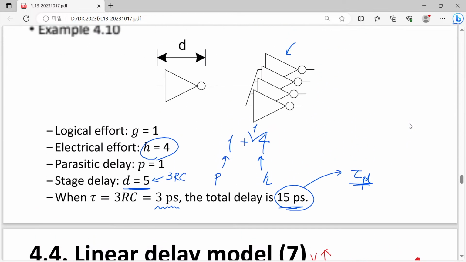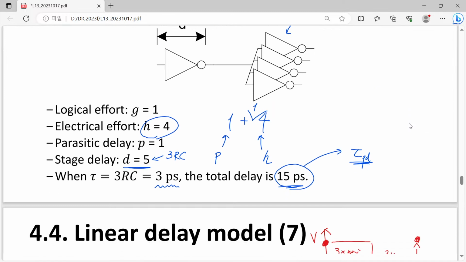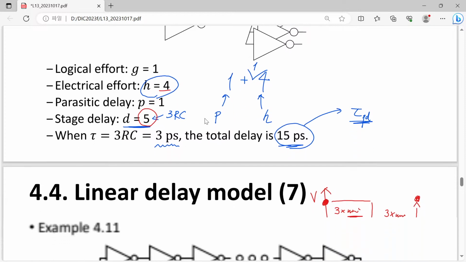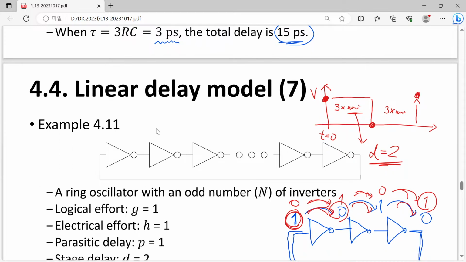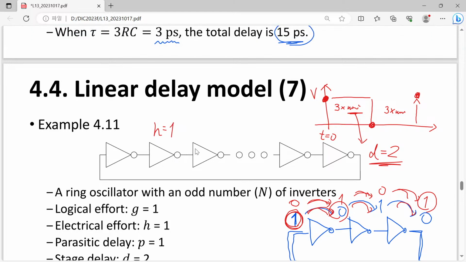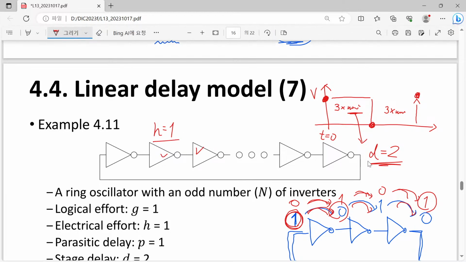Previously, in example 4.10, we have shown that when h equals 4, d equals 5. However, now in this case, what is your fan out h? In this case, you have just one single dependent load. So h equals 1, so your d equals 2.